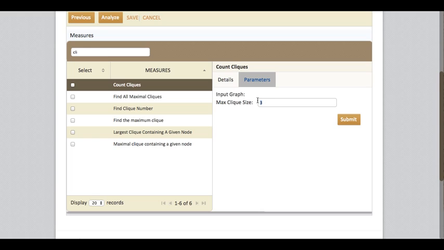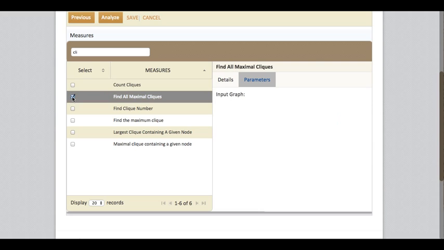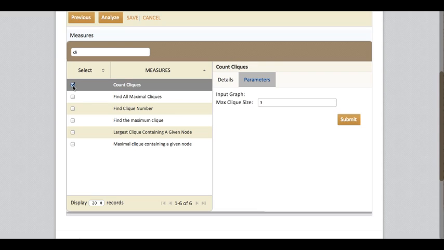So this can't be the maximum clique size. I do not know what the maximum cliques are, but I can sure count them.